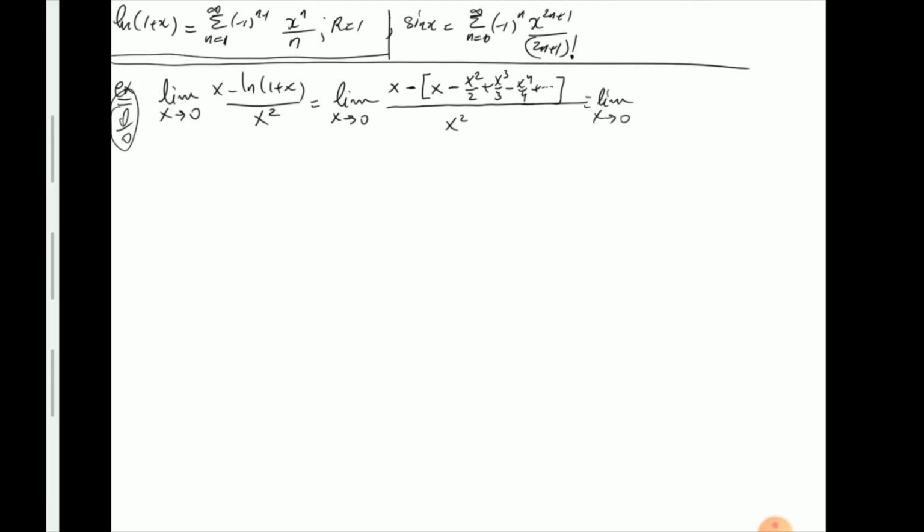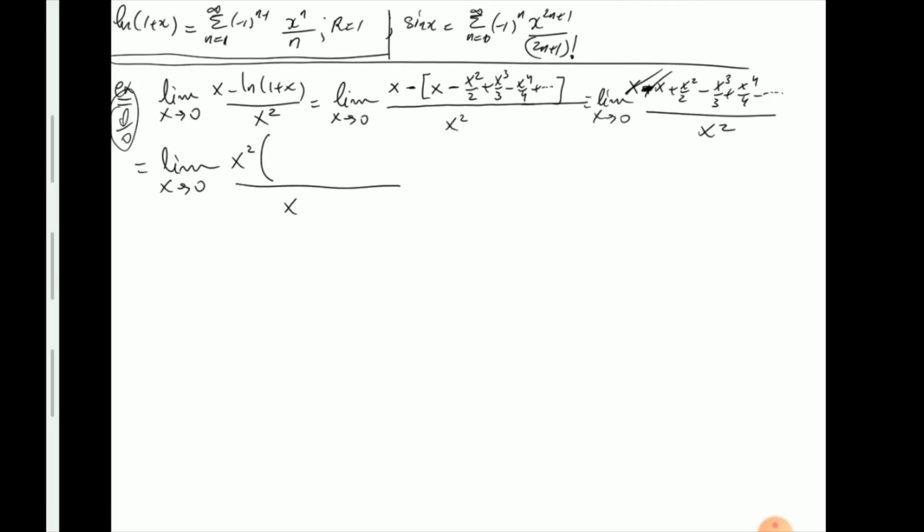So let's first of all eliminate that parenthesis. So it's x minus x plus x squared over 2 minus x third over 3 plus x fourth over 4 minus and so on, over x squared. X with minus x cancels. On the top I can pull out x squared, if you look carefully. This is going to cancel with the bottom one. And you're left with 1 over 2 minus 1 over 3 x plus 1 over 4 x squared and so on.